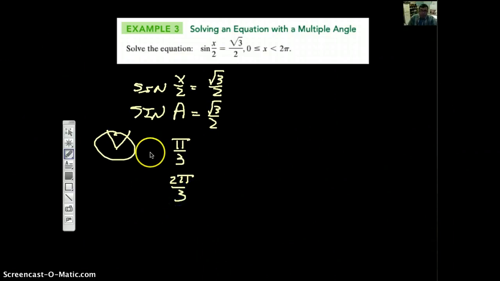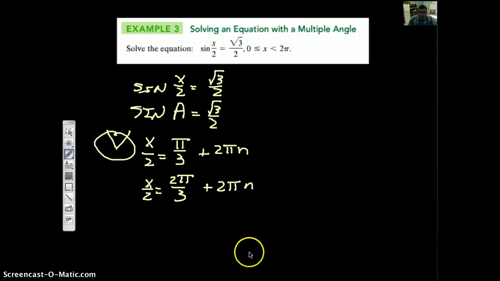Okay? Now remember, that was a. Remember, pi over 3 plus 2 pi n. That's the periodic nature of the sine function. All right, now we're going to have to take each of these equations and solve for x.